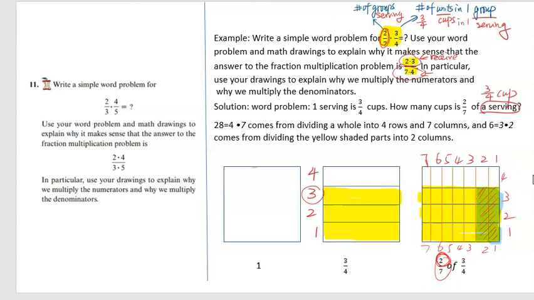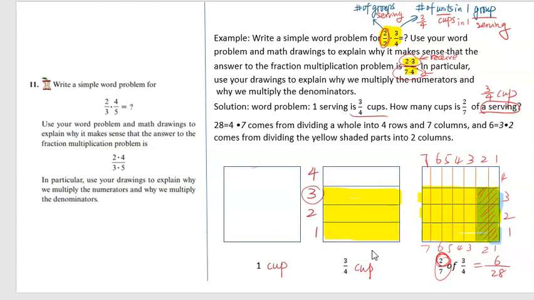Compared to the entire cup. So we started with the whole 1 cup, and we first draw 3/4 cup, and then we take a portion of the 3/4 cup. We ended up with 6, so it's going to be 6 out of 28. So 6 parts out of a total 28 parts. So 6/28 of a cup.